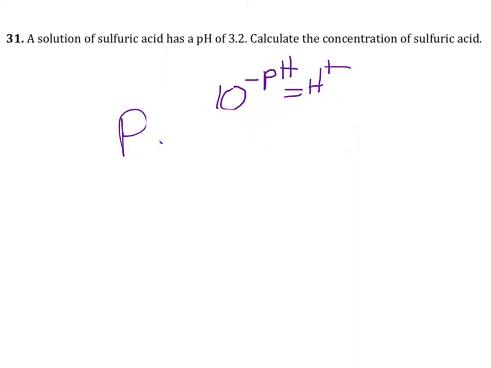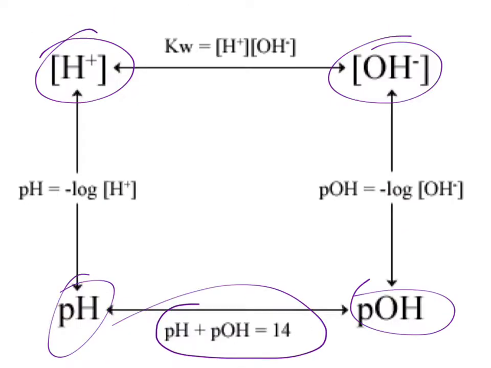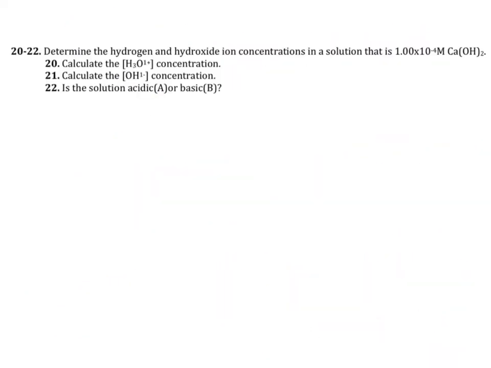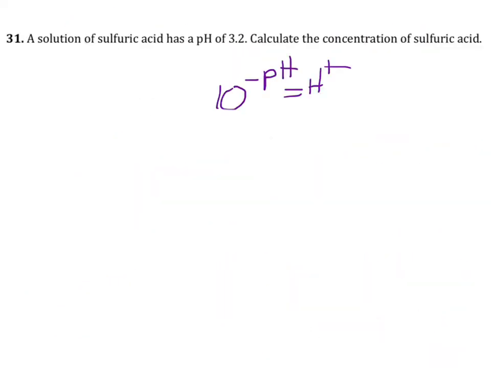And so that's our formula there. If you take a look, that's actually part of your booklet right here. Actually, it's not in there. So I will add that in class. But this is how you go from pH to hydrogen ion concentration. It's 10 to the negative pH is equal to the hydrogen ion concentration.